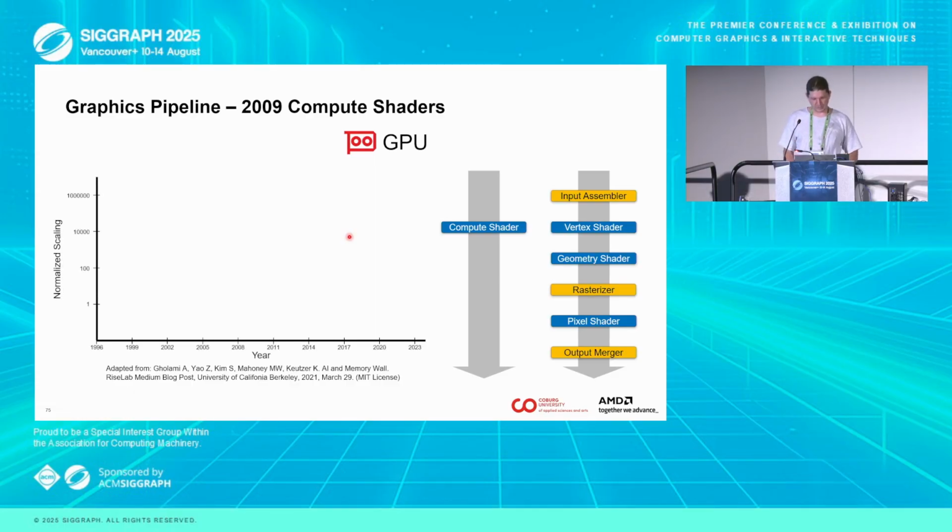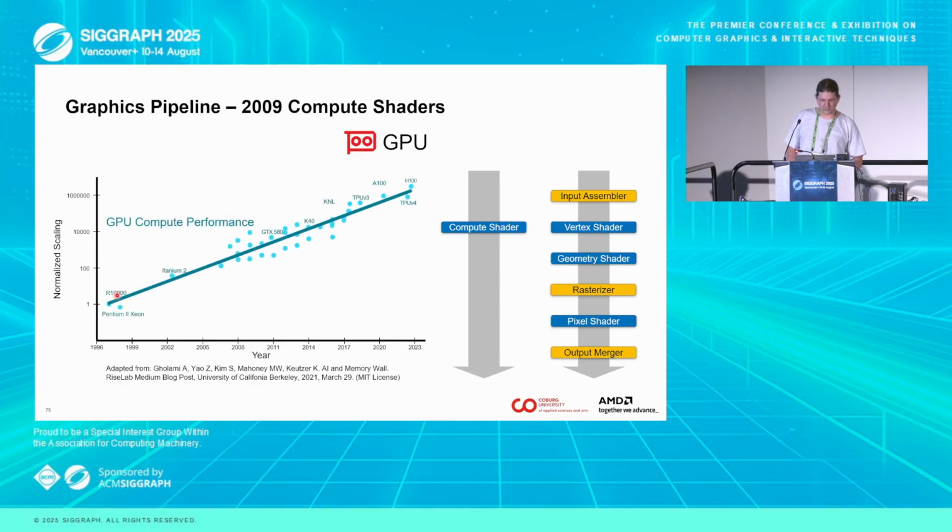Because if we compare it over the years, so we have an axis over the last couple of years, and have a normalized scaling here in terms of performance. So the GPU performance compared to this year here in the mid-90s has grown exponentially here. This is a logarithmic scale here. But the memory bandwidth speed couldn't keep pace.